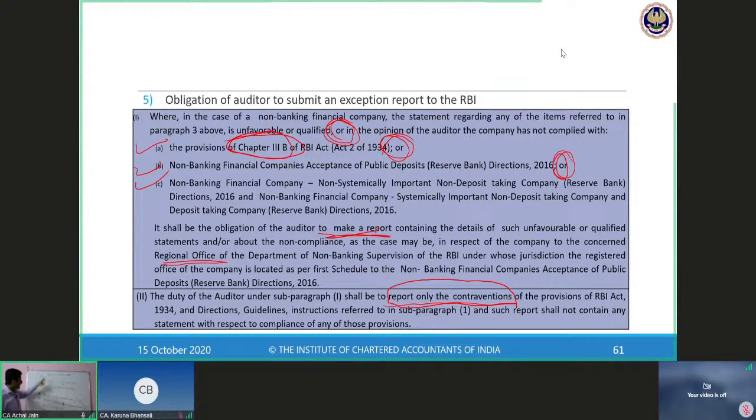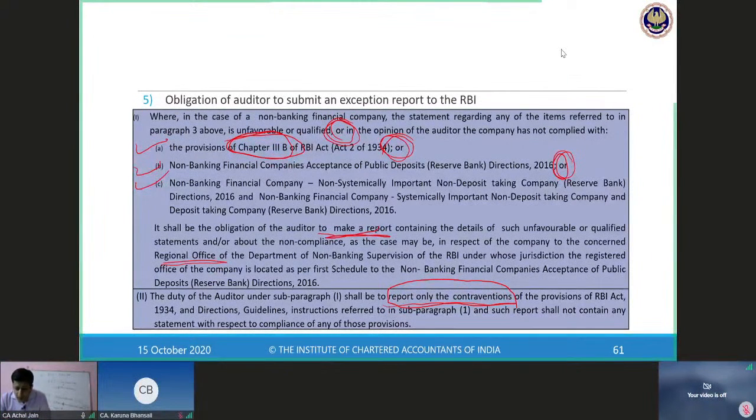Option number D says yes, board of directors reporting, RBI reporting of the contravention. Along with this, it says auditor should also give a list of other compliances to RBI. So let's read this para that we have just discussed.